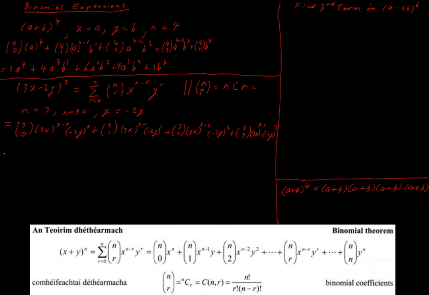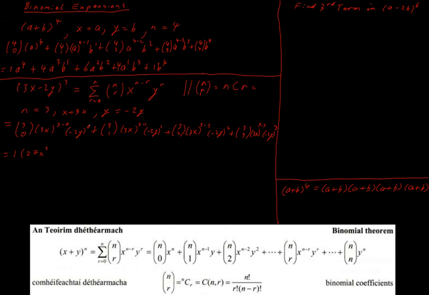So I now put the choose parts into my calculator because they're just numbers. So 3 choose 0 is just going to be 1. So 1 on 3x to the power of 3 minus 0 is just 3x cubed, which is going to be 27x cubed.